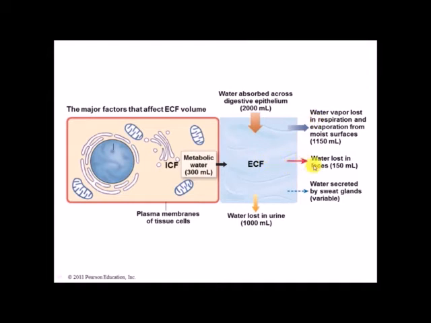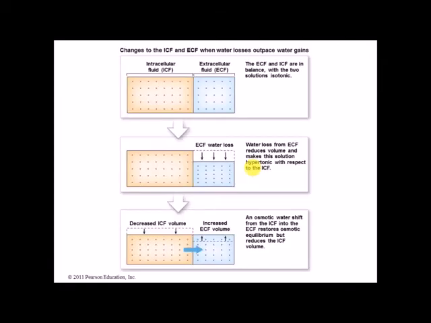We lose some water in the feces, and as we saw in the digestive chapter, we try to hold on to as much as possible. Then we lose water by sweat glands and by urination. So this really needs to equal out over the day, the amount that we lose and the amount that we bring in or produce. We would like them to be in balance.